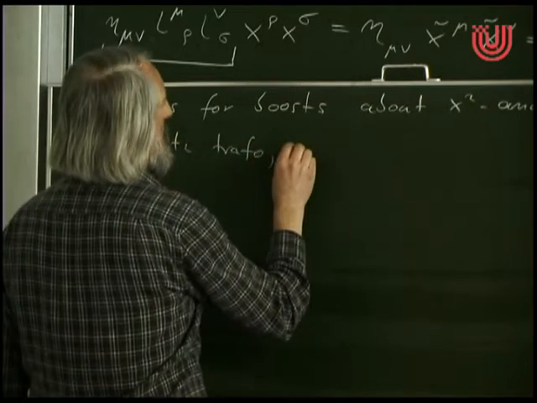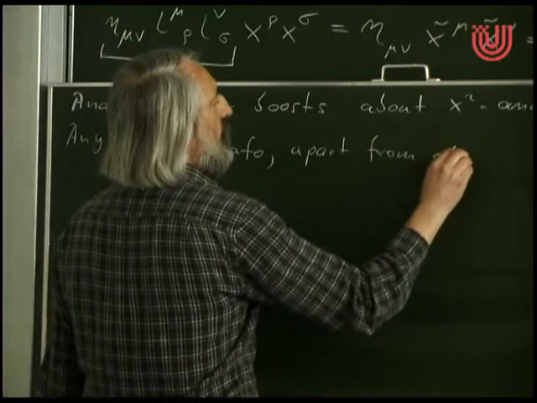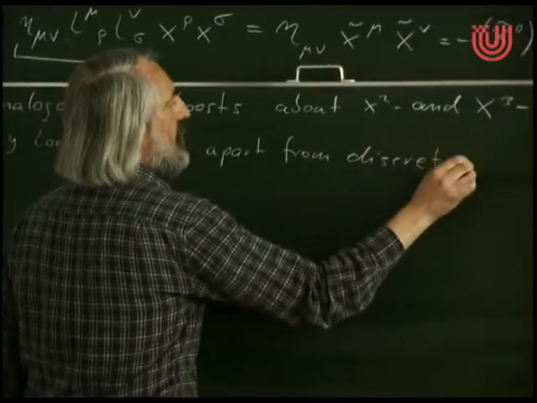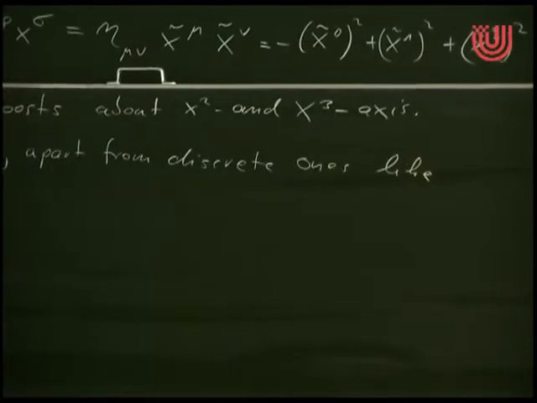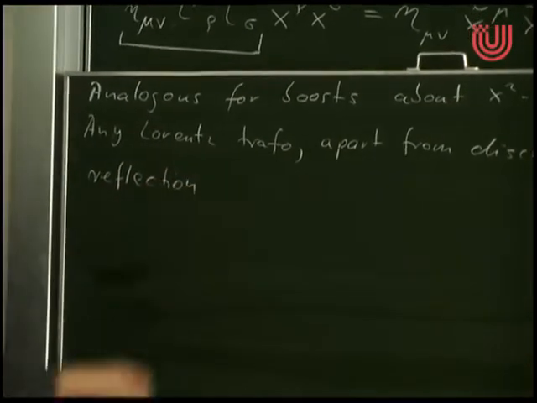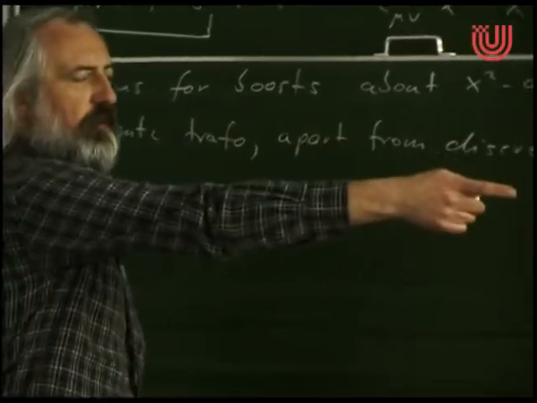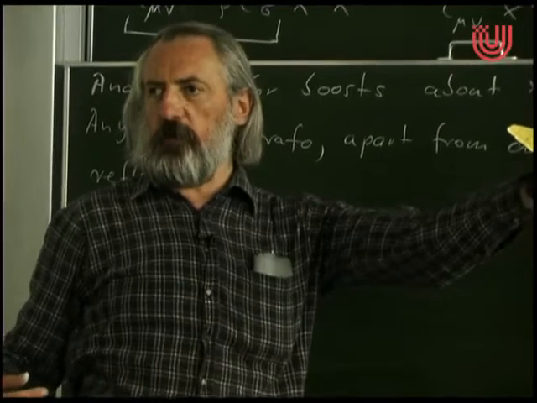there's a slight restriction apart from discrete ones. What do I mean by this? Like reflections. I could just reflect one of the x's. I could rename x1 into minus x1. Yeah, I just reverse one of the x's.